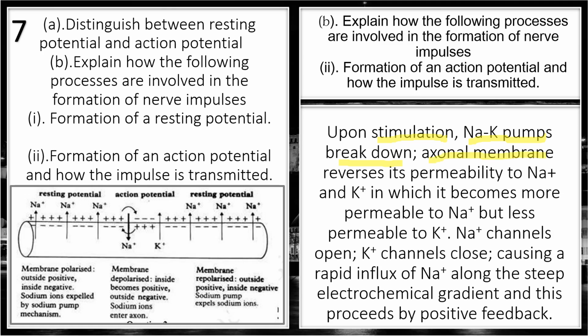The axonal membrane reverses its permeability to sodium and potassium ions, becoming more permeable to sodium ions but less permeable to potassium ions.